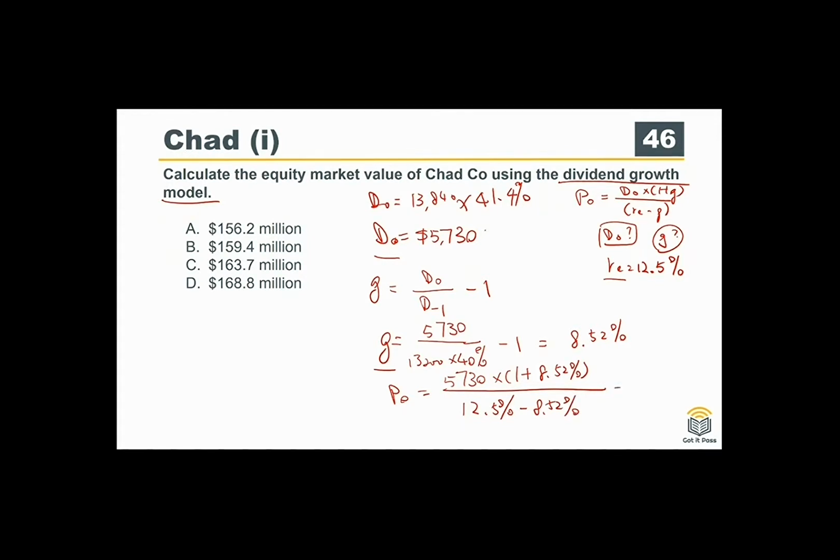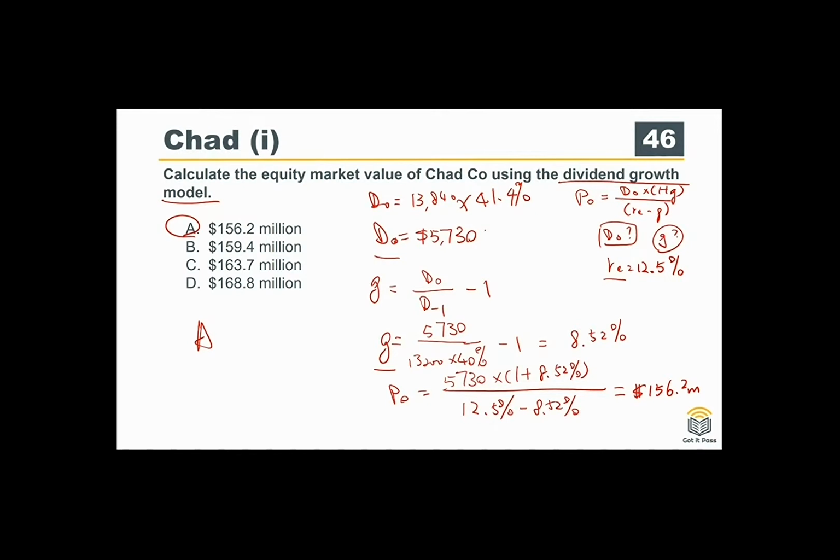So based on this information, you can work it out, which is 156.2 million. So in other words, the answer is A. The answer is A here.